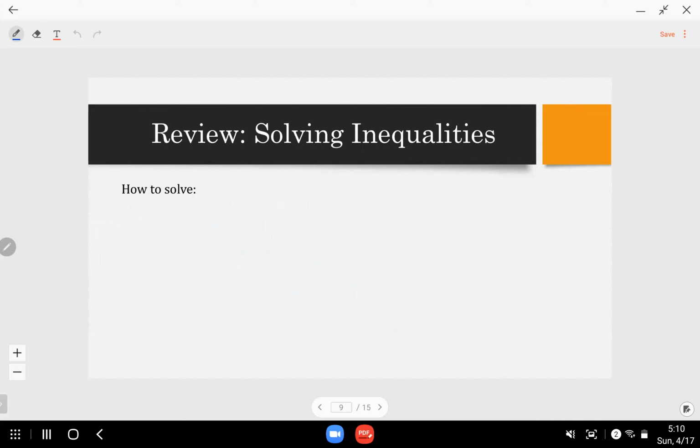And now we're going to review how to solve inequalities. The tip for solving inequalities is that they are solved very similarly to linear equations, simple equations.